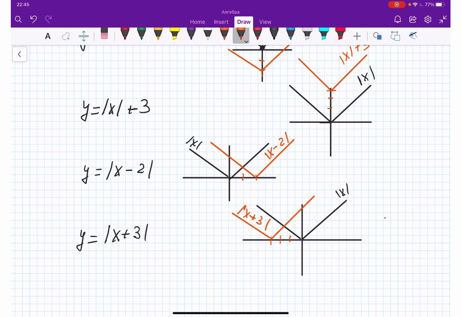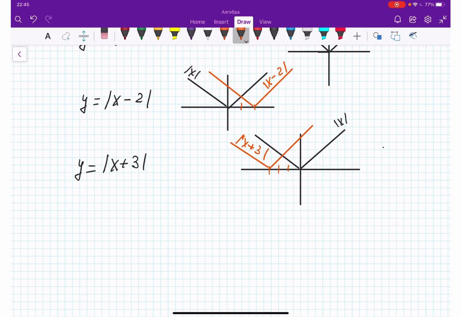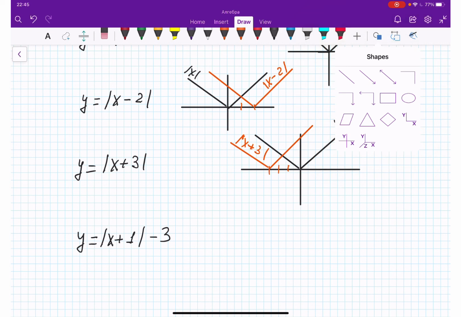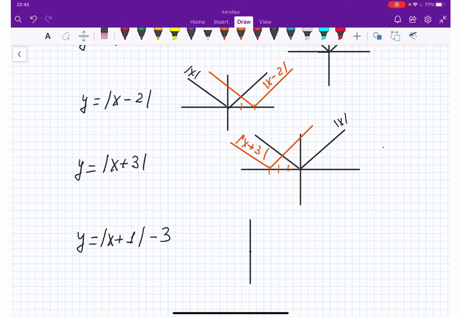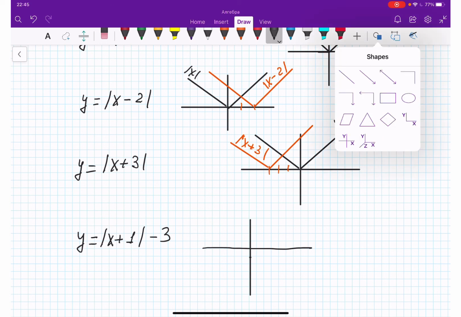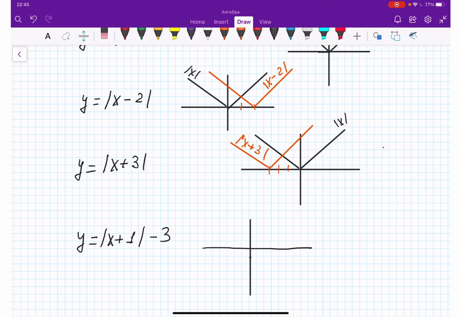All right. And lastly, I'm going to build both cases included in one example. It's going to be y equals absolute value of x plus 1, minus 3. Okay, let's build it. First let's build absolute value of x.